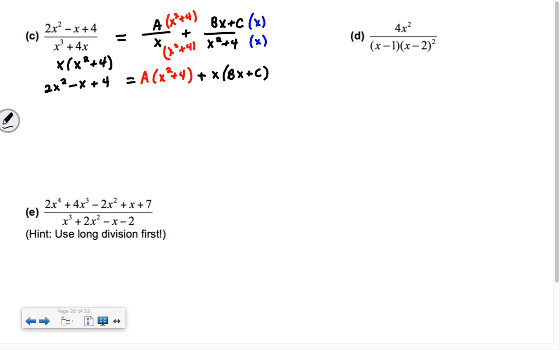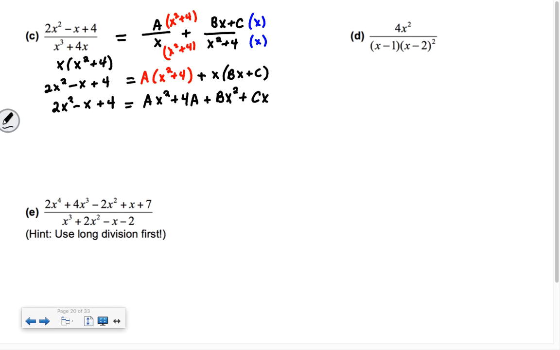So I'm just leaving off the denominators because they'll be the same. So we get ax squared plus 4a plus bx squared plus cx is all equal to 2x squared minus x plus 4.